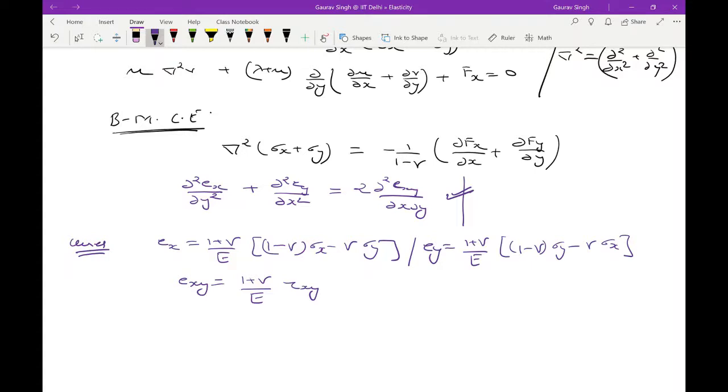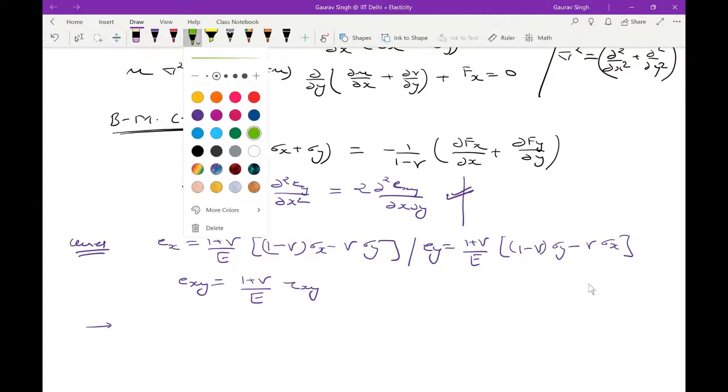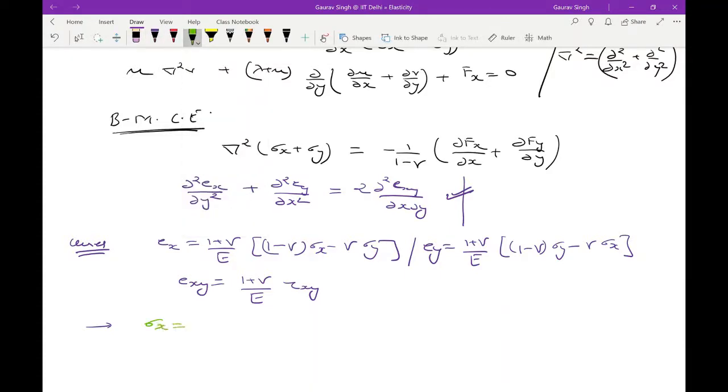Okay, so let's start with this. We had already written, let me use another color, sigma x was equal to lambda of Ex plus Ey plus 2 mu Ex. Sigma y is equal to lambda of Ex plus Ey plus 2 mu Ey.